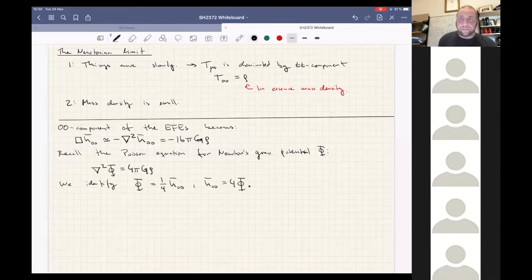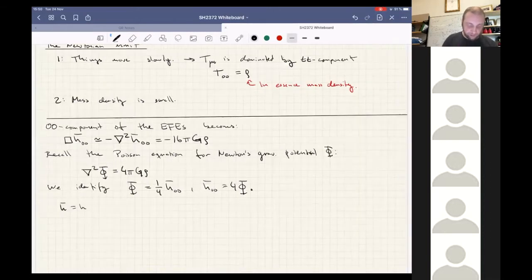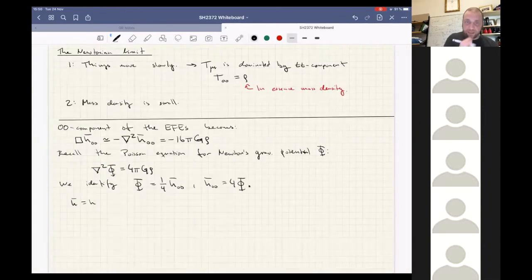Right. So this also means that if we take the trace h bar, the trace of the trace reversed perturbation, this is going to be h bar 0,0, as only the 0,0 term was relevant, and because of the Minkowski metric, it is equal to h bar 0,0. So this is also 4 times the Newtonian potential.